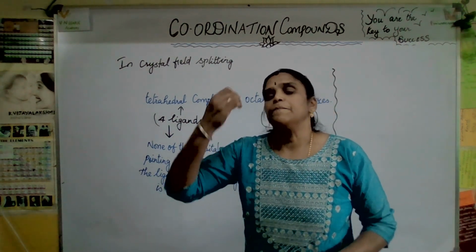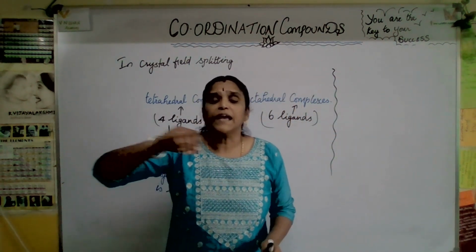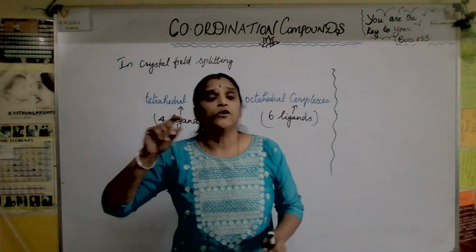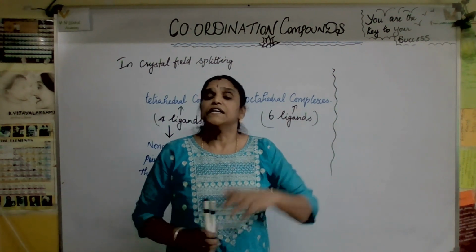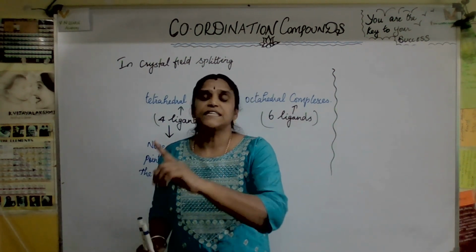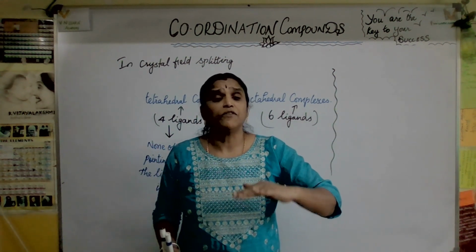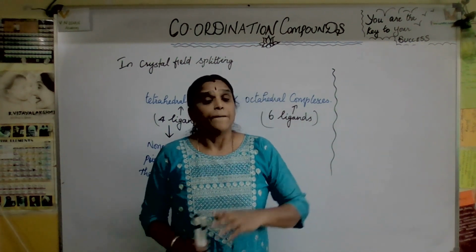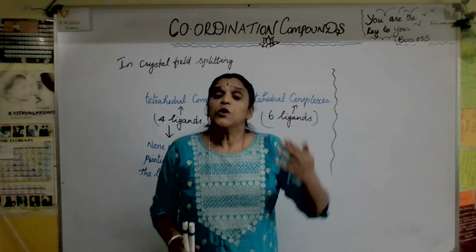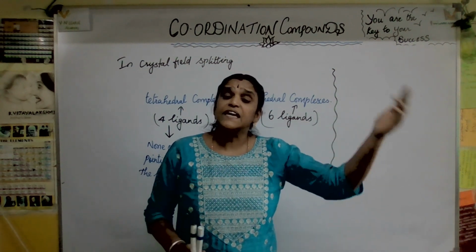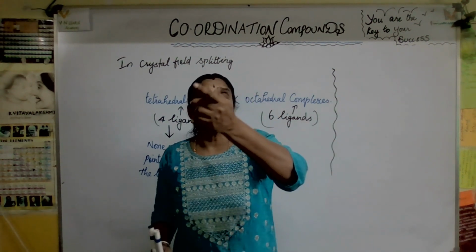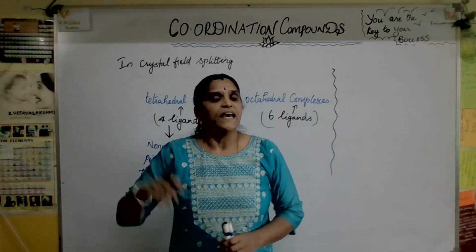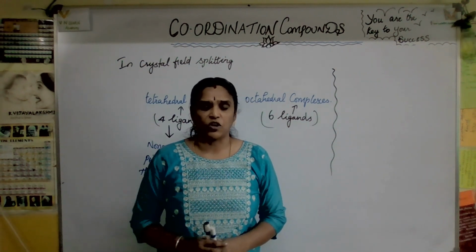Generally, electrons fill the orbitals d1 to d3, that is dxy, dyz, dzx, which are the lower level for octahedral complexes. But in tetrahedral complexes, dx square minus y square and dz square are the lower energy. In our last video we went through that.